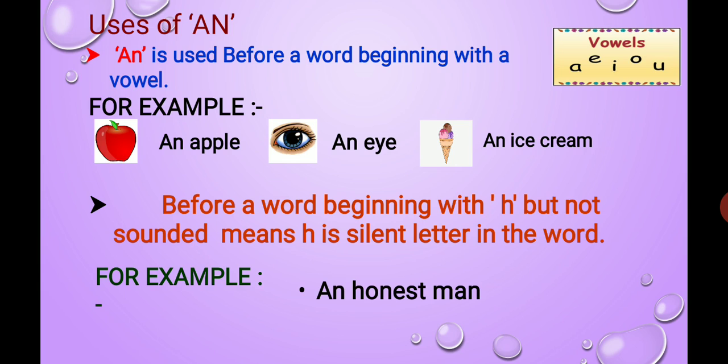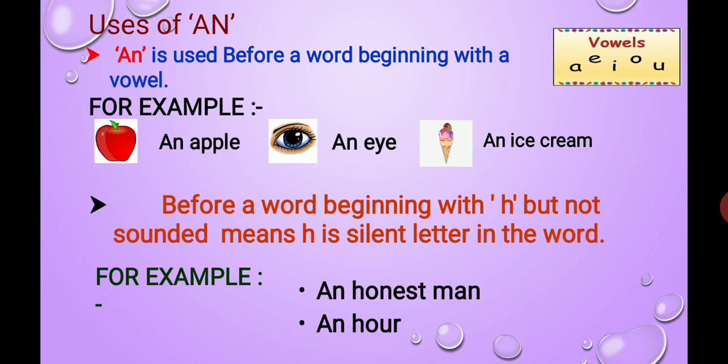An honest man. Honest, the spelling starts with H, but we do not say h-onest man. H is silent here, so we pronounce it onest man. The sound is a vowel, that's why we are using an before honest man. And the next word is hour. The word also begins with H. We cannot say h-our, right?